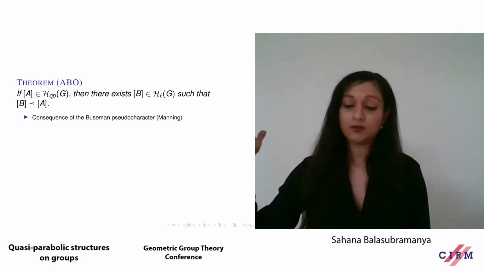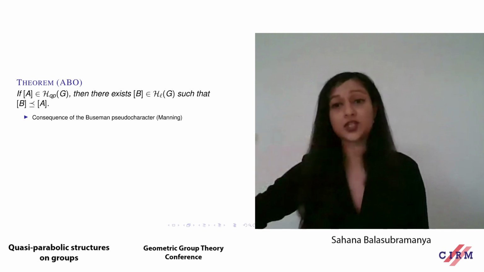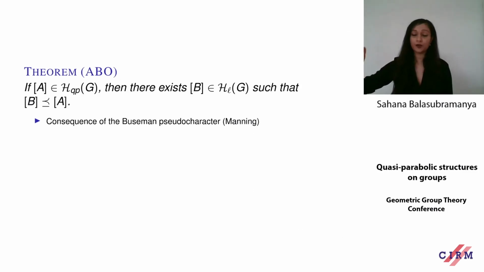And when you run the pseudocharacter on it, what it does is create a projection to a line. And it does this by crushing enough of the action out in a manner that is analogous to expanding your generating set. And because of that, we get a lineal structure. And because we've expanded our generating set and our dominance relation is inclusion reversing, we get that the lineal action is smaller than the quasi-parabolic action.